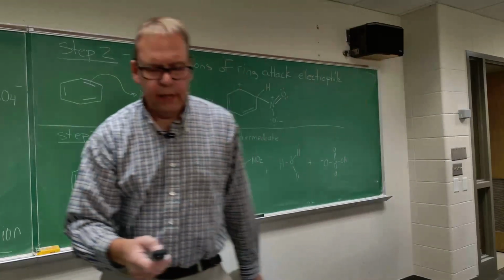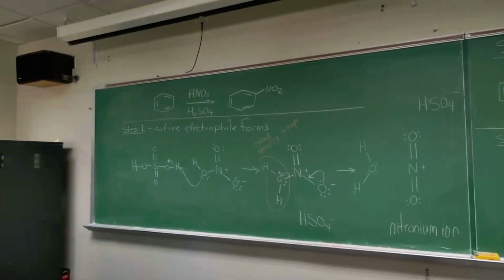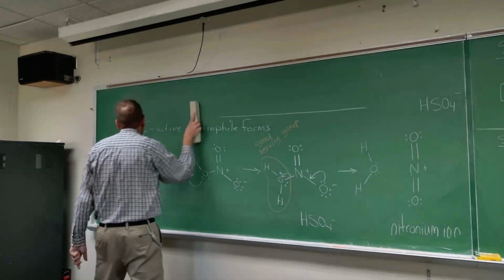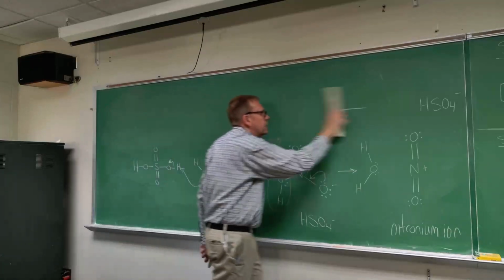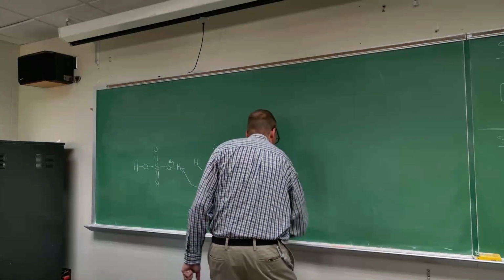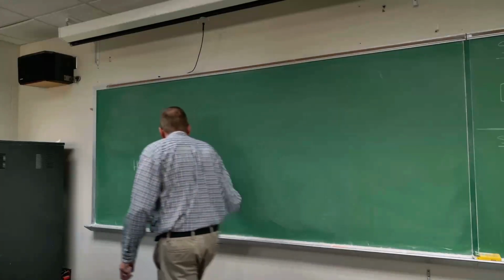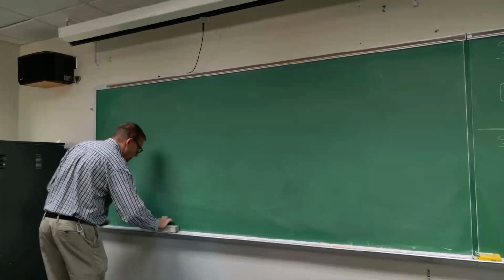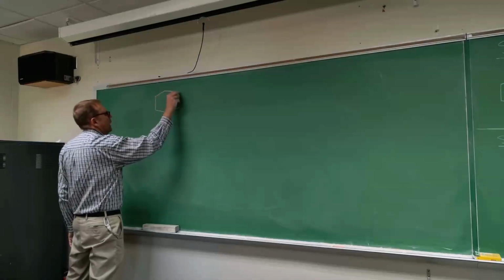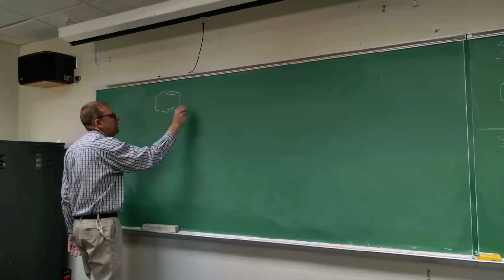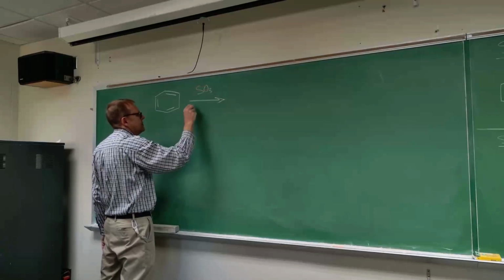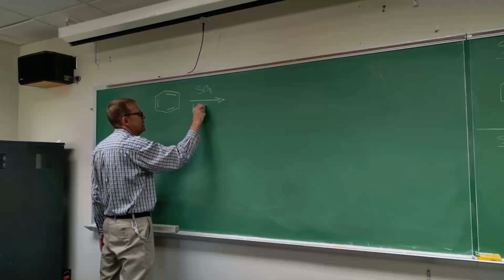Reaction number 3 in the list of 5 reactions. So we looked at nitration recently. Now we're going to look at sulfonation. So sulfonation looks like this. If you start with an aromatic ring and you put in a reagent known as fuming sulfuric acid, and if that sounds crazy, it is.